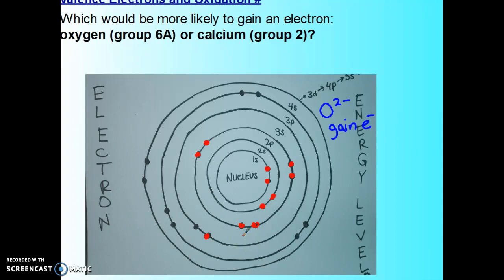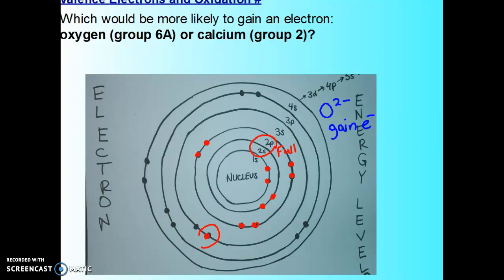As you see here, we've moved all the way up to the 3rd energy level, and it has 1 electron in the 3rd energy level, and the 2nd energy level and 1st energy level are both completely full. So sodium would have to gain 7 more electrons in order to fill up the 3rd energy level, but it would only have to lose this 1 electron to go down to a full energy level. Energy level 2 is already full.